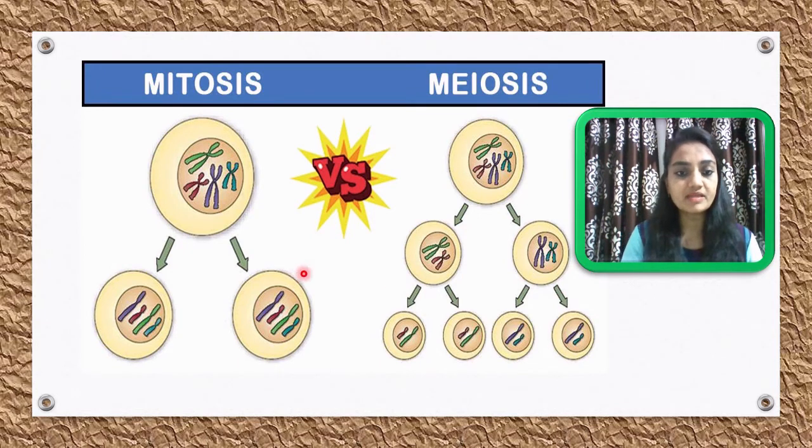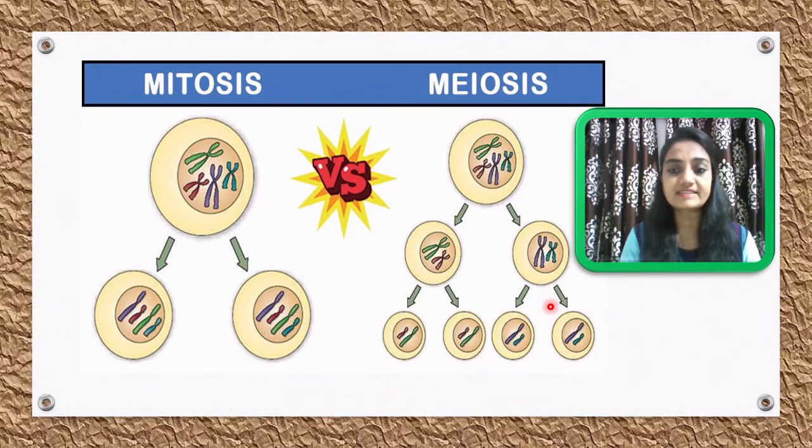So in mitosis the parent cell is diploid and the daughter cell is also diploid, whereas in meiosis a 2n diploid parent cell generates haploid daughter cells. This is the main difference.